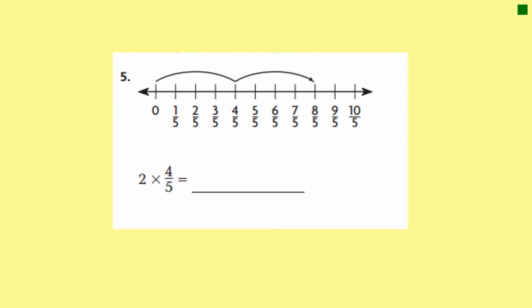All right, so I couldn't fit the directions. I'm going to read them out loud to you here. It says, write the product as the product of a whole number and a unit fraction. A whole number and a unit fraction. That's like what we did in yesterday's lesson.